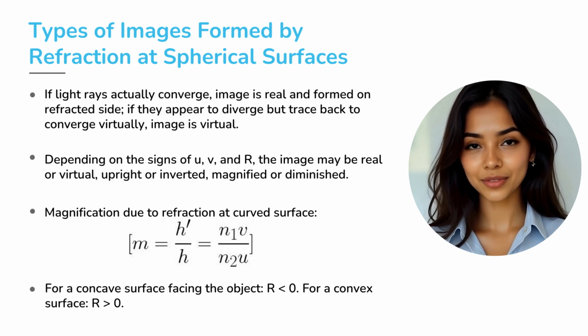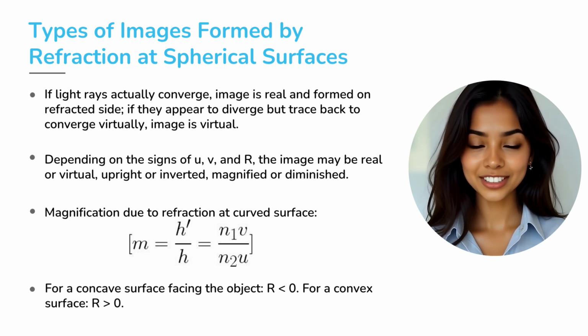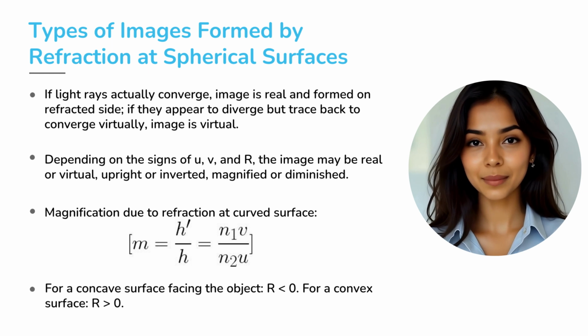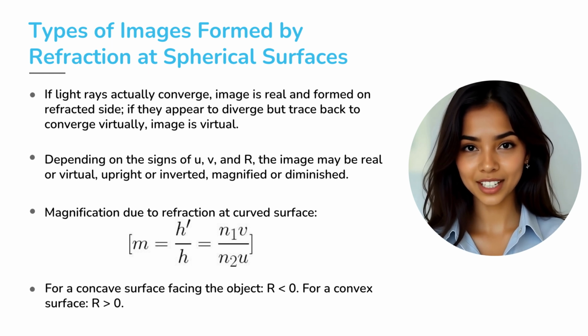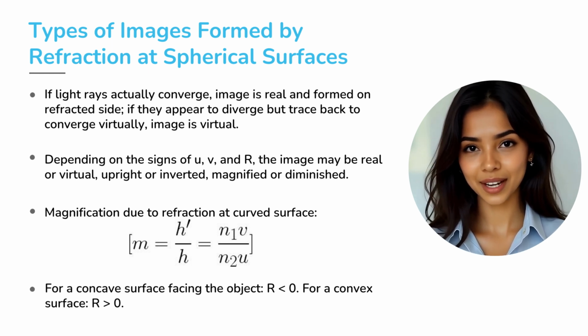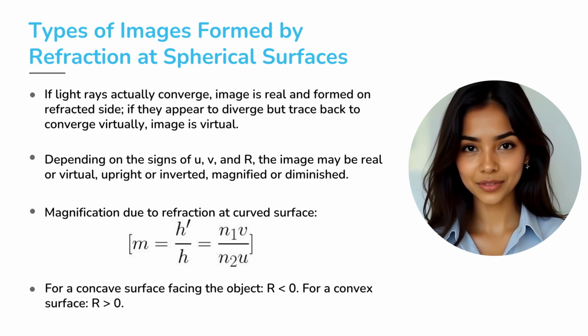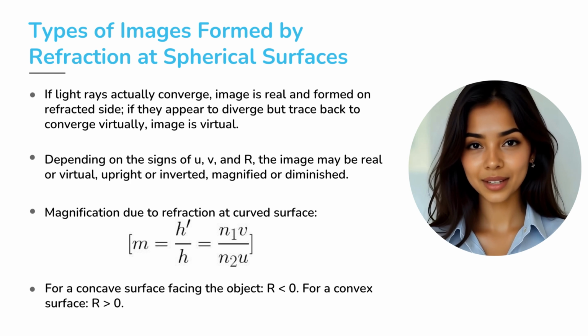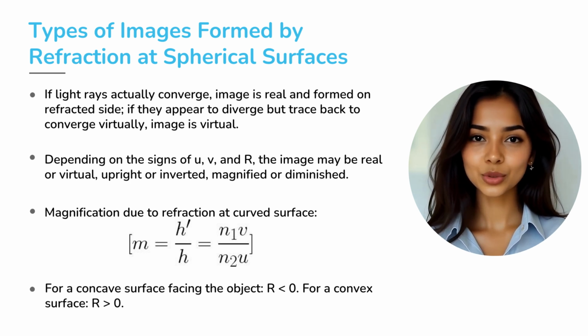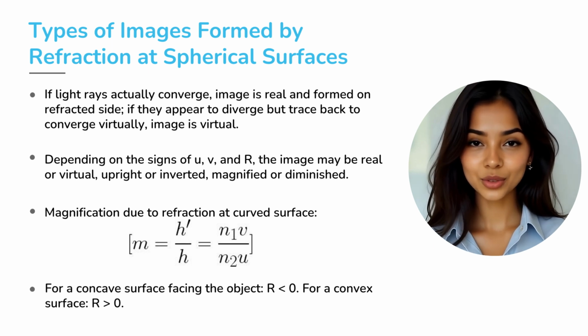For instance, for a concave spherical surface facing the object, r is negative, and for a convex surface, it is positive. The magnification produced by refraction at a curved surface is given by the ratio of image height to object height, which turns out to be refractive index n1 times image distance v divided by refractive index n2 times object distance u.